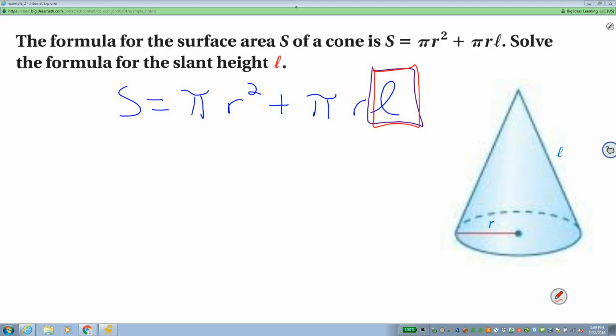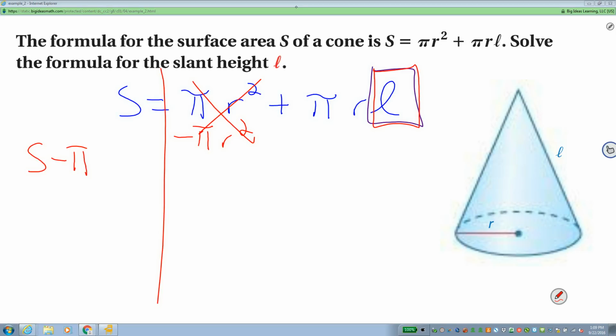I saw someone divide. Remember, look at this as one term. This would be like 3. So in this case we're just going to subtract it. So we're going to subtract pi r squared from this side. This cancels. Whatever you do to one side of the equal sign, you must do to the other. So we have now S minus pi r squared equals pi r L.